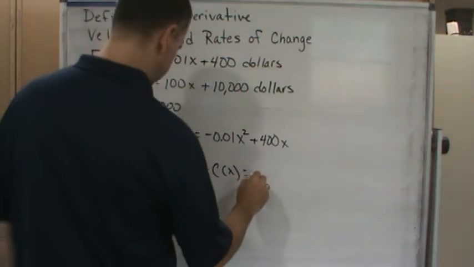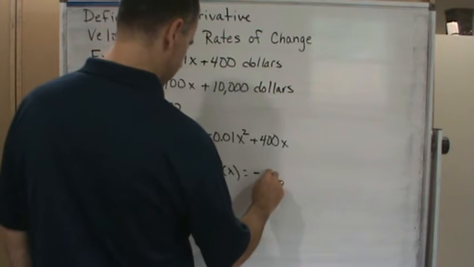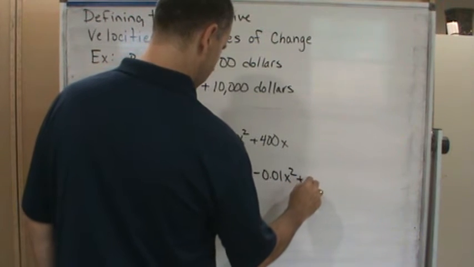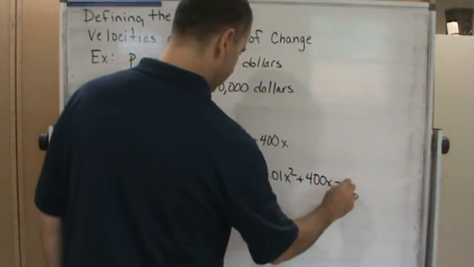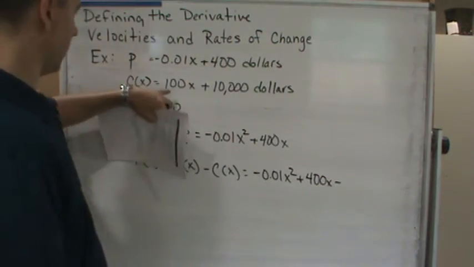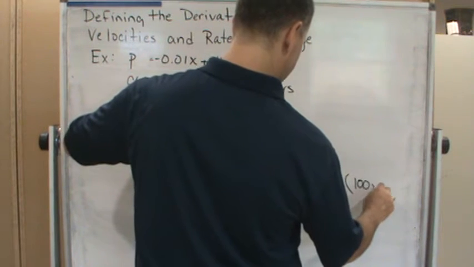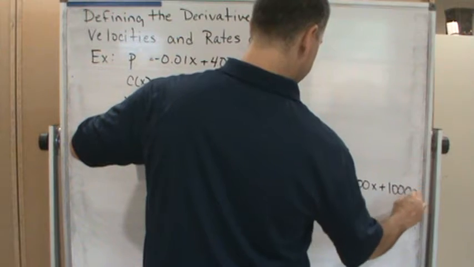Okay, so that's going to be negative 0.01x squared plus 400x minus the cost function, so it'll be minus 100x plus 10,000.